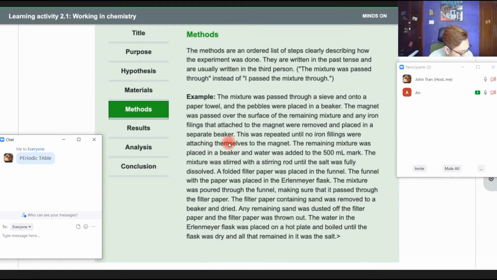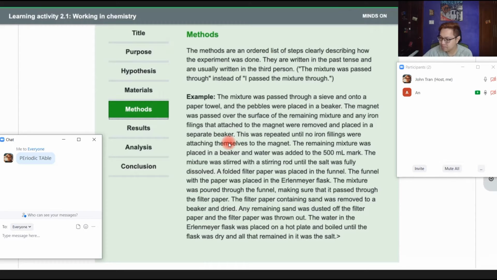Example. The mixture was passed through a sieve and onto a paper towel, and the pebbles were placed in a beaker. The magnet was passed over the surface of the remaining mixture, and any iron filings that attached to the magnet were removed and placed in a separate beaker.